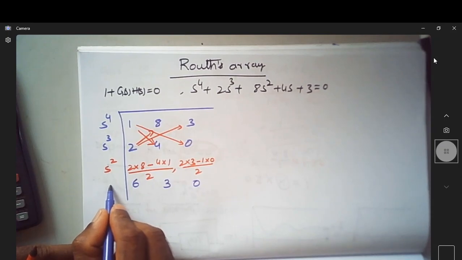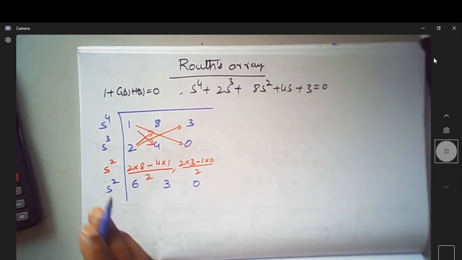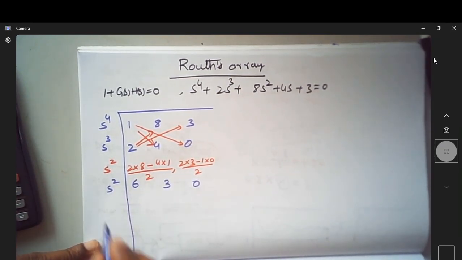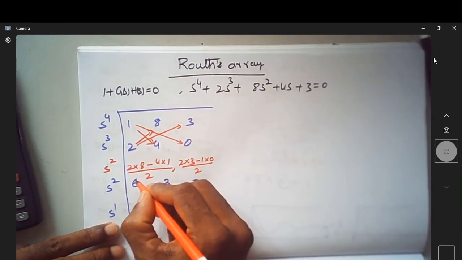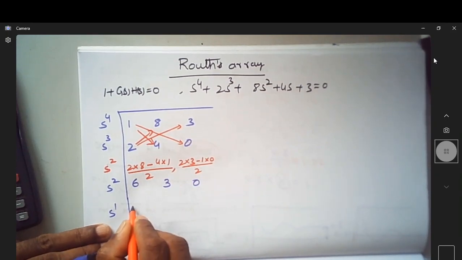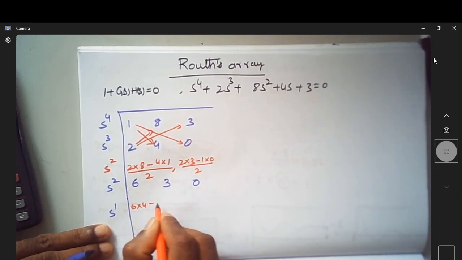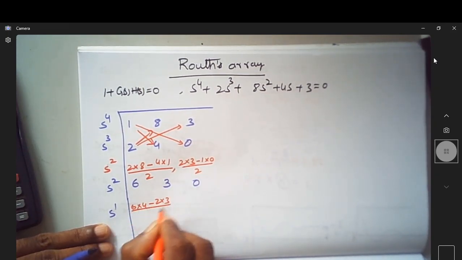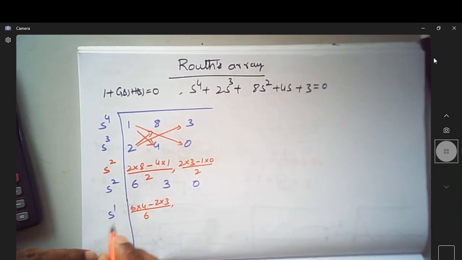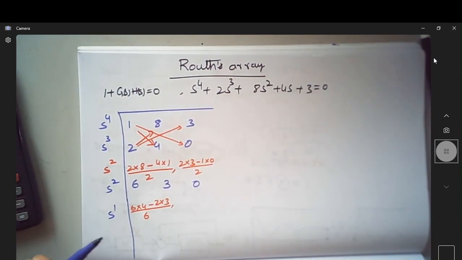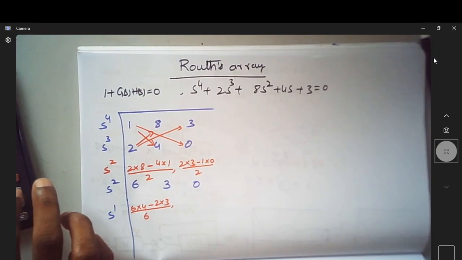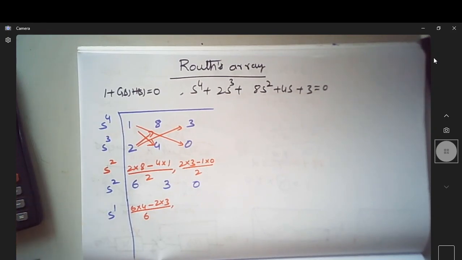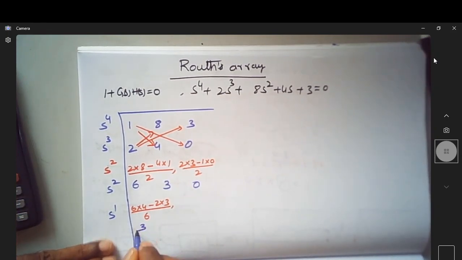This is for S square. Similarly, I proceed to find the S power 1 row, which is 6 into 4 minus 2 into 3 divided by 6, so it's 6 into 4 minus 6 divided by 6. It's actually now 3, so this comes out to be 3.